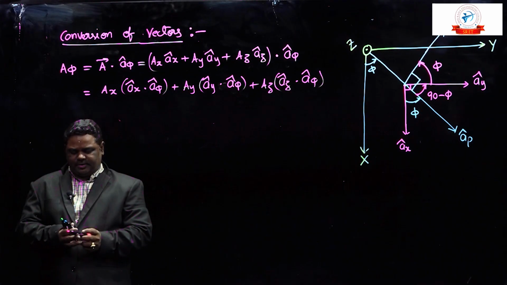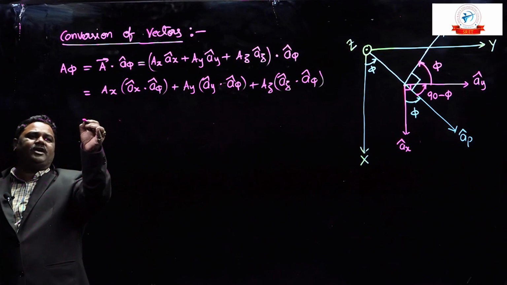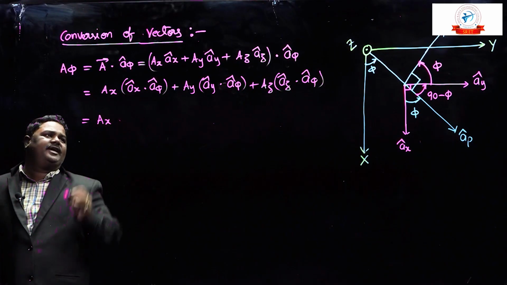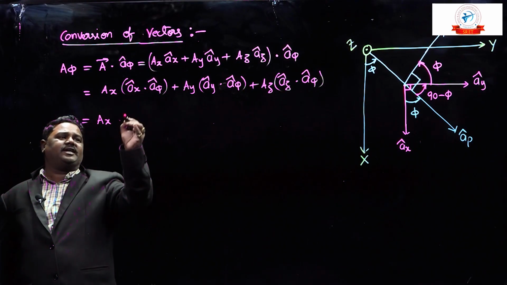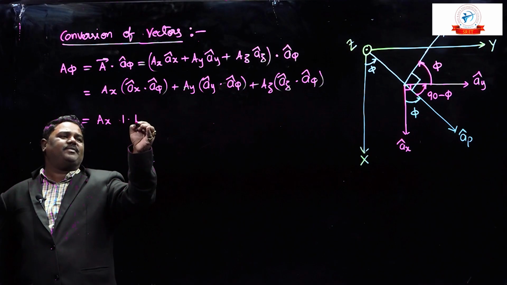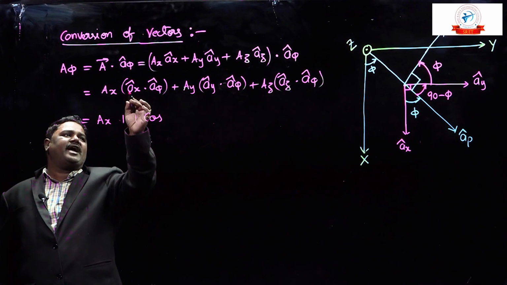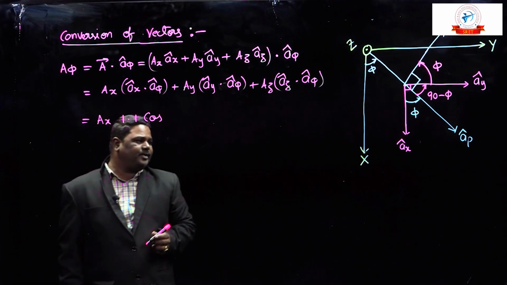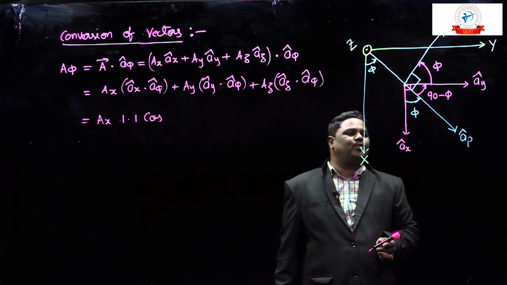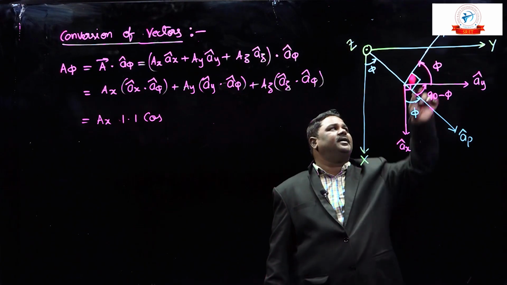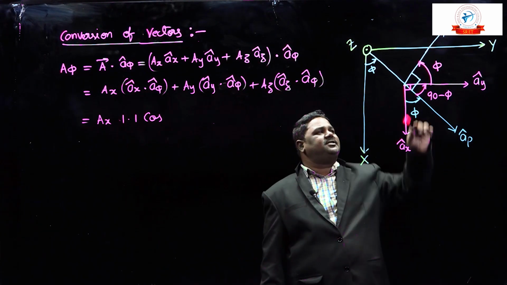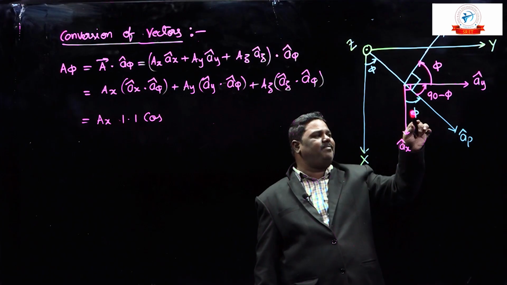Okay. So just evaluate all the dot products. Ax into the magnitude of ax cap is 1, a phi cap is 1 into cos of angle between ax cap and a phi cap. Okay, just come to the diagram. What is the angle between ax cap and a phi cap? Okay, this is actually angle 90 plus phi.